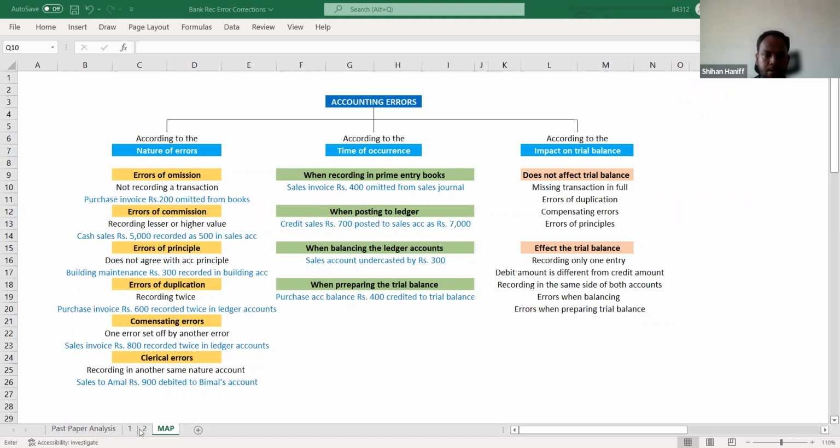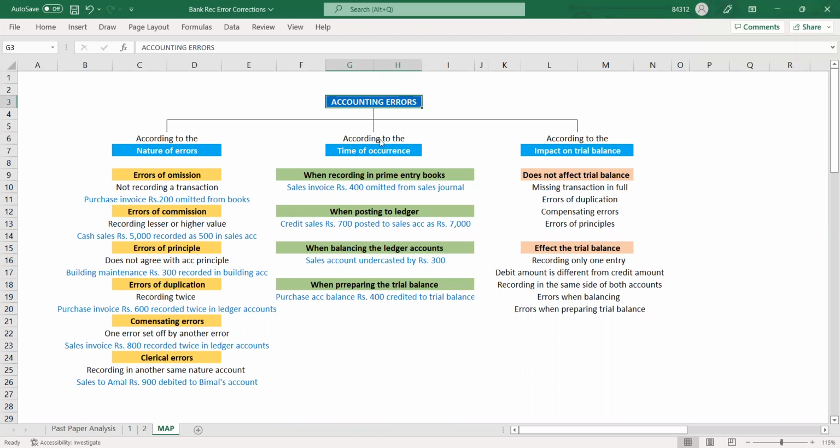Accounting errors. Later I will do more complex questions, including everything. Okay, for now, we will understand the basic picture. Accounting errors.